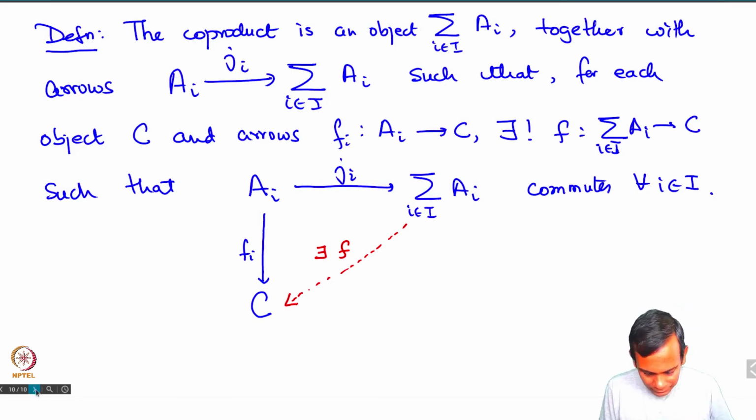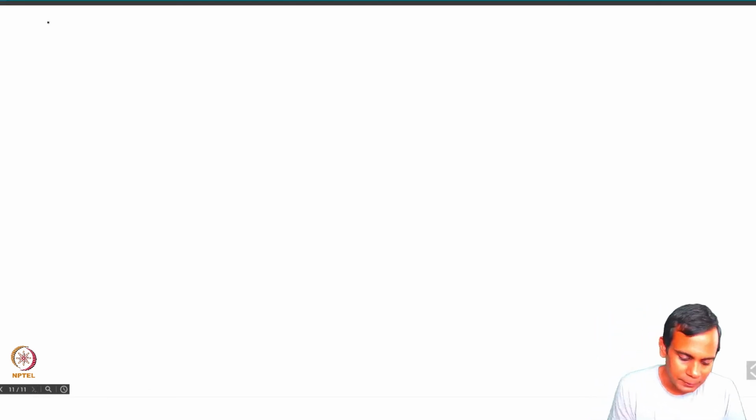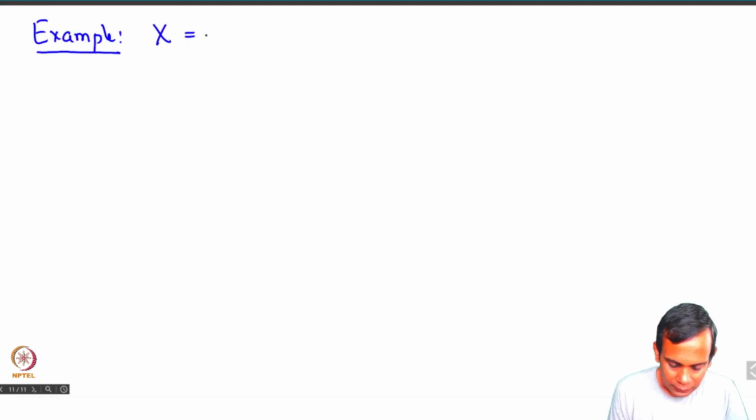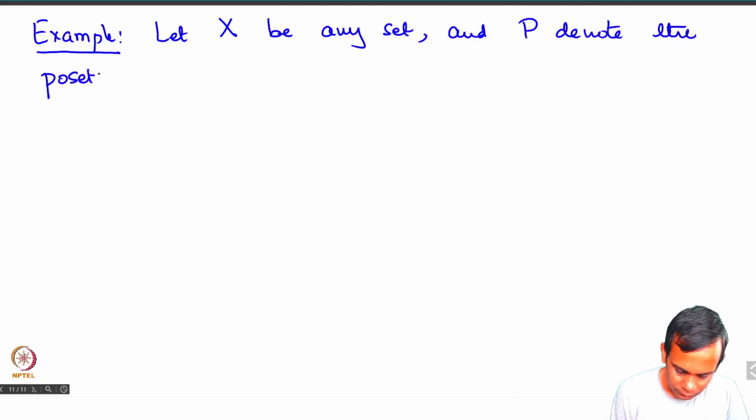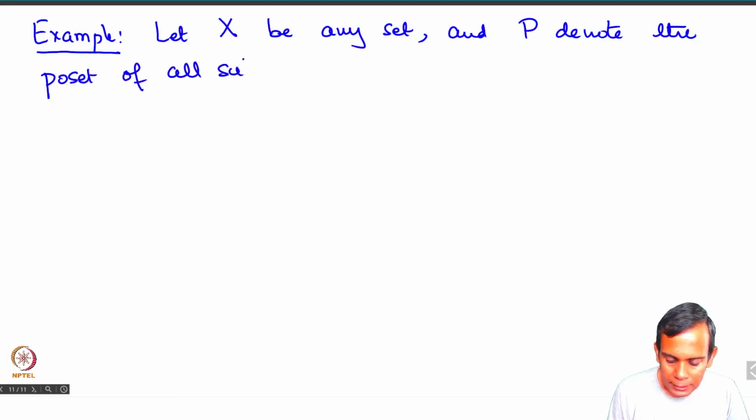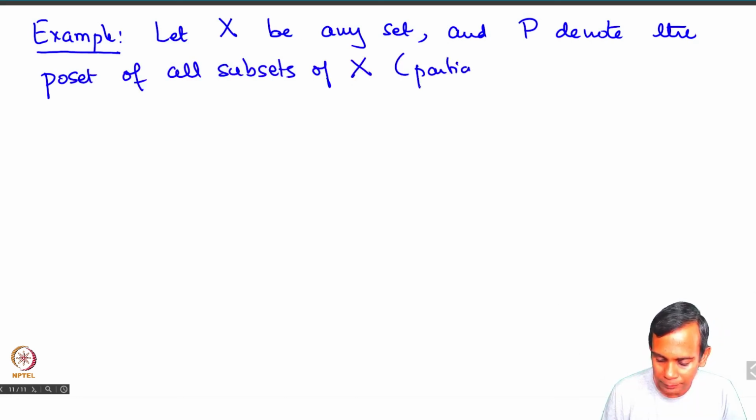Let us end this lecture with a slightly different kind of example of products and coproducts. So let X be any set and let P denote the partially ordered set of all subsets of X, partially ordered by inclusion.